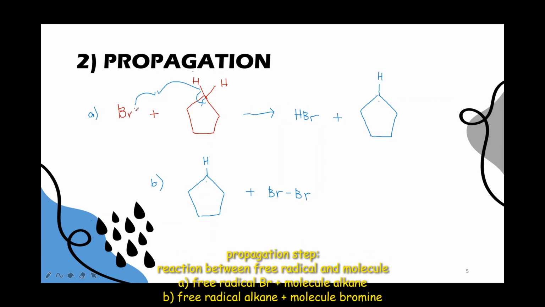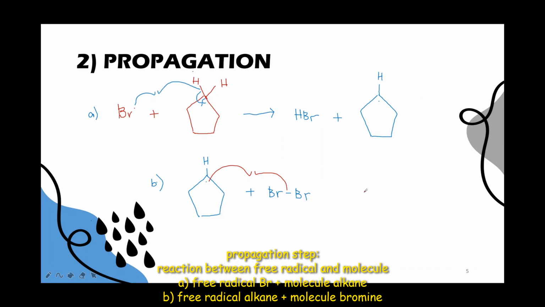Macam first step tadi, free radical akan combine dengan molekul cyclopentane. Untuk second part in propagation step, free radical carbon ni pula akan bertindak balas dengan molekul bromine. So satu titik ni menunjukkan ada satu elektron ya. So this electron will combine with one electron from the Br bond. So kat sini dia akan gabunglah menghasilkan satu single bond baru.